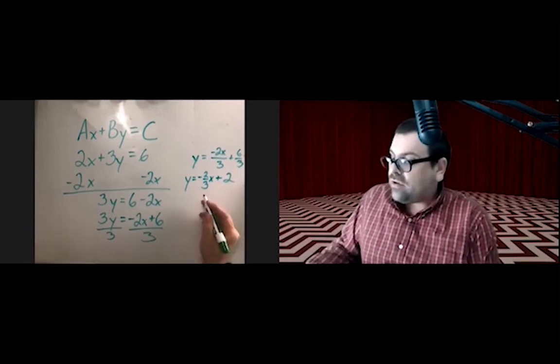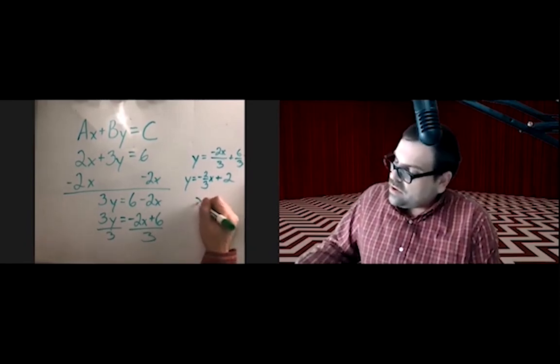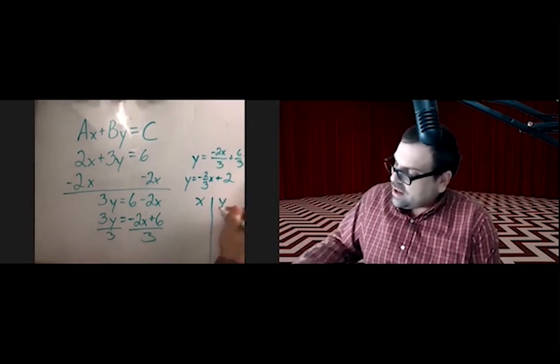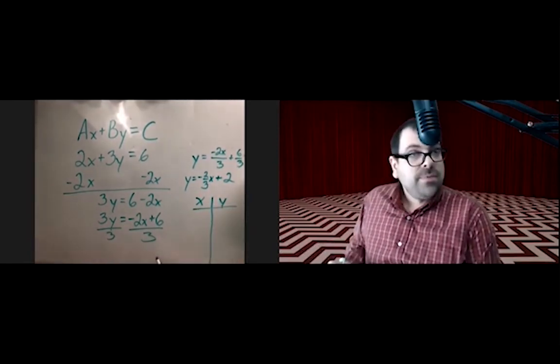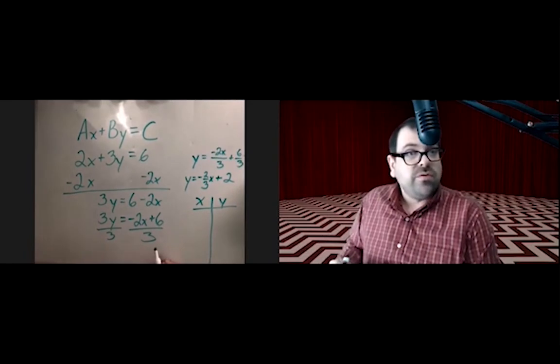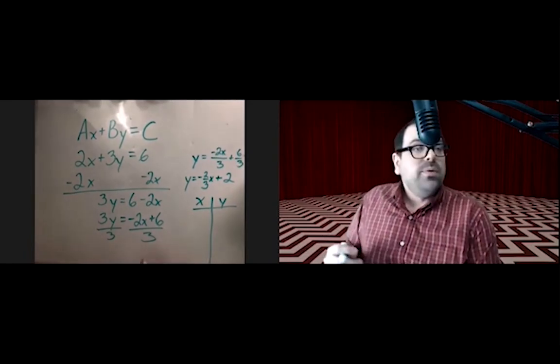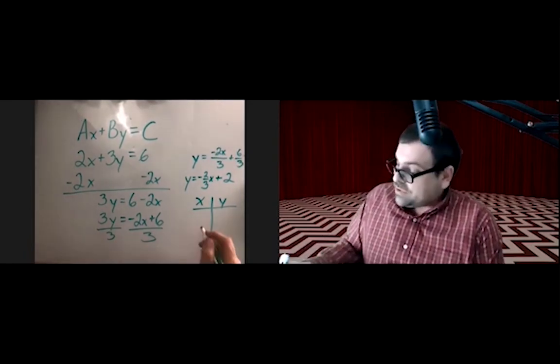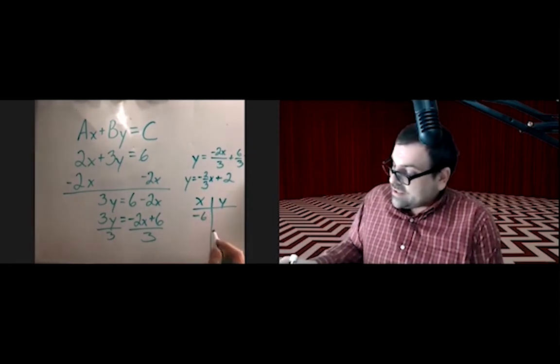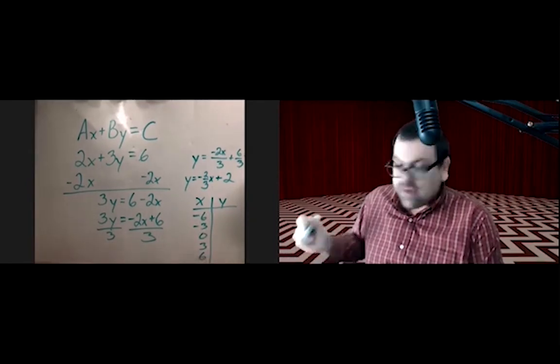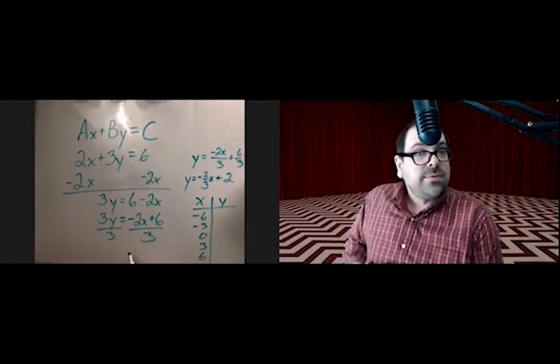Solving it for y first helps us know that when we start picking our x's, we would like them to be multiples of 3. So things like negative 6, negative 3, 0, 3, and 6.